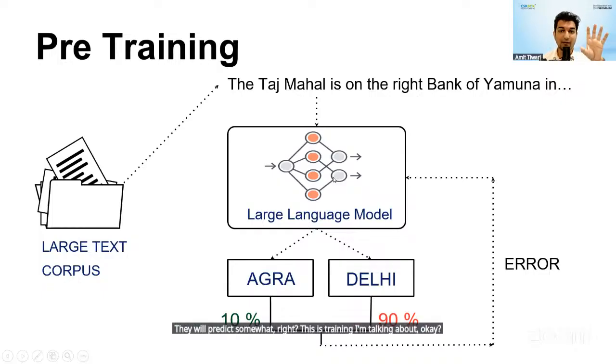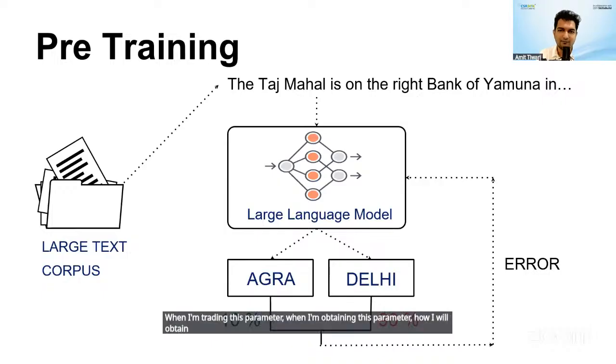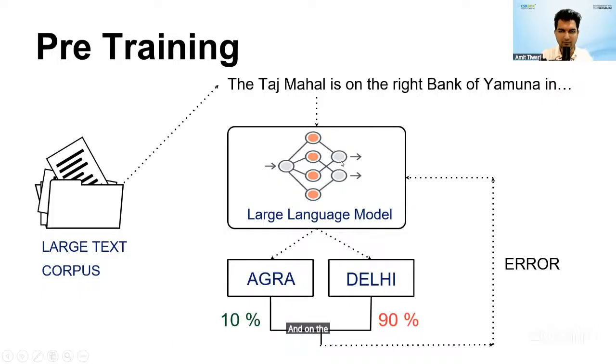When I'm training this parameter, how I will obtain this parameter is what I'm talking about. So I will say, take this sentence, "The Taj Mahal is on the right bank of River Yamuna in", and on the basis of whatever parameters you have, predict something. Let's say that it predicts Agra. Let's say that it predicts Delhi, for whatever reasons.